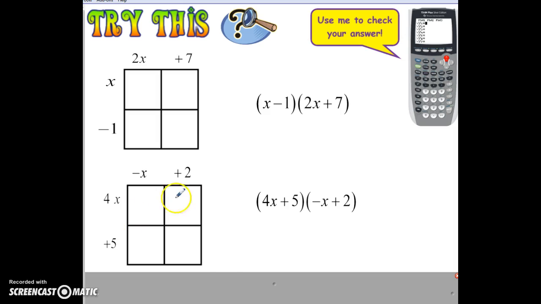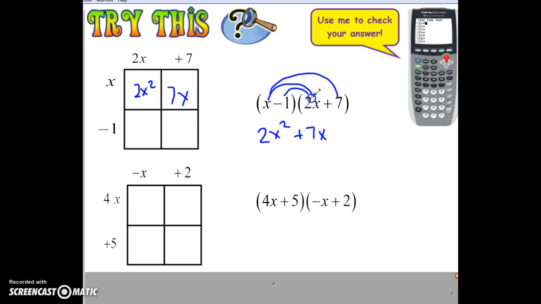I'm going to show you how FOIL works and then fill in the boxes so you see that it's the same. So our first terms would be 2x squared. That's these two boxes here. O is outside, so the two outside numbers would be plus 7x. That would be this box.